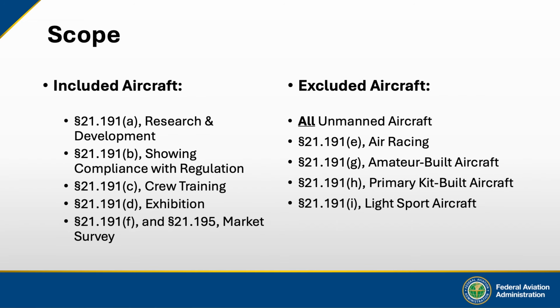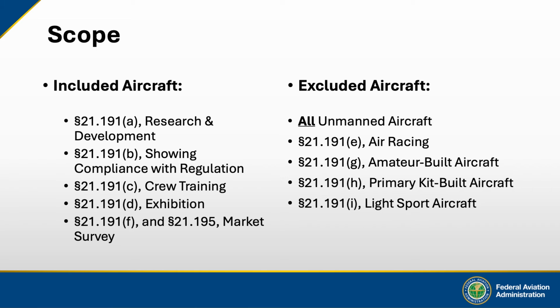The risk assessment is used to evaluate certain aircraft certificated as experimental and includes Section 21.191(a), research and development, that includes flight testing of new aircraft designs, modifications, or technologies. Section 21.191(b), showing compliance with regulations, that includes demonstrating that an aircraft meets specific regulatory requirements.